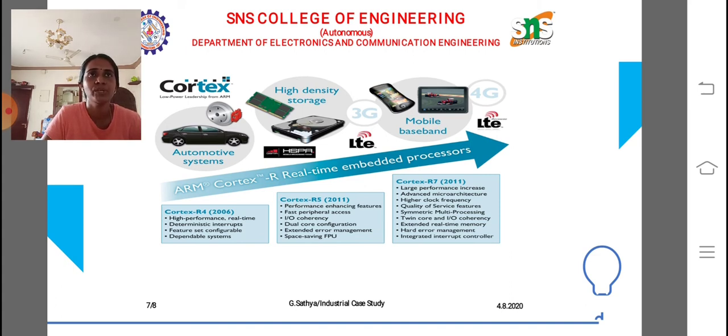So mainly Cortex R4 is used in the automobile industry, R5 in high density storage components, and R7 is mainly used in mobile baseband communication. We are using these different types of processors in our day-to-day life.